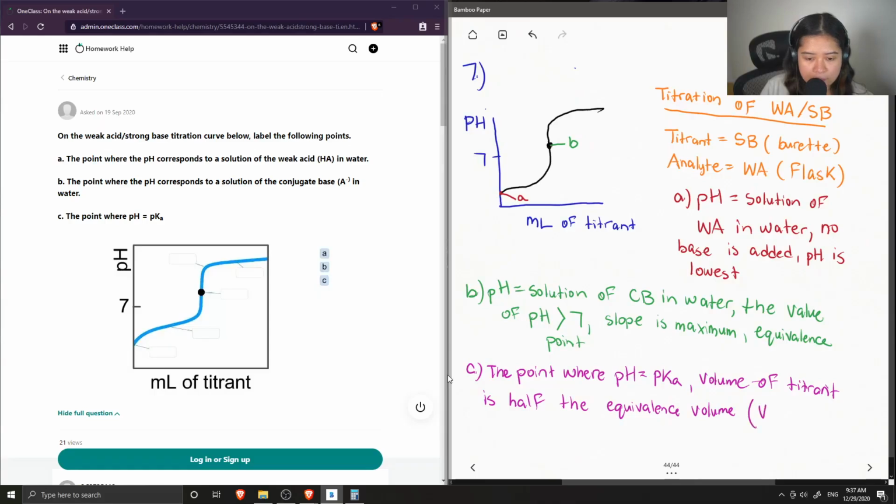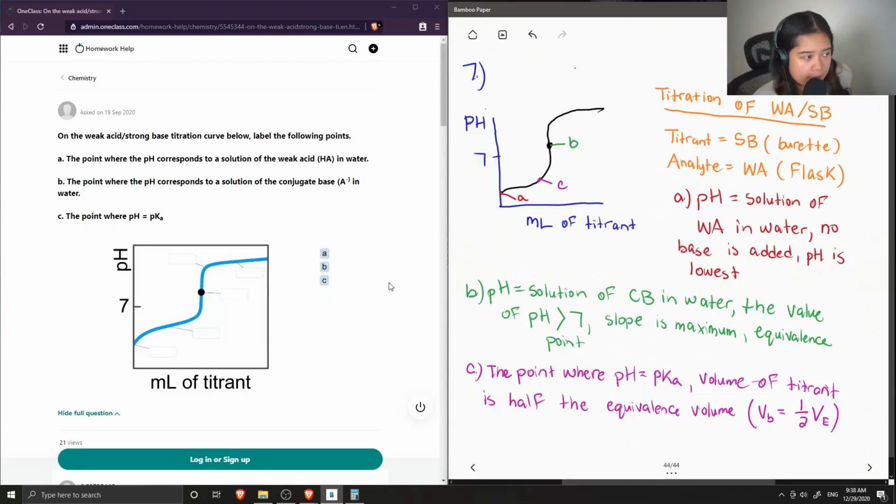So in other words, the volume of the base is equal to half of the equivalence volume. So the equivalence point I mentioned earlier is where point B is. So when we have half of that value, then this is where pH is equal to pKa. So it's like around here is point C.